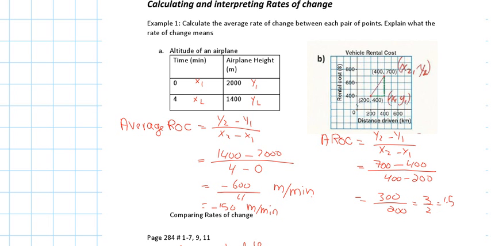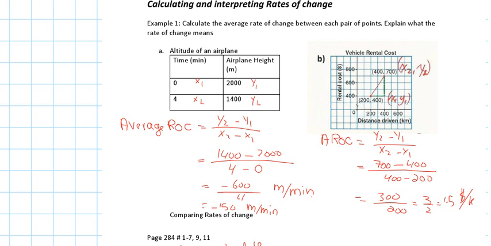So what does that mean? That's 1.5 what? My y's is in what unit? Dollars per kilometer. So you're going to pay $1.5 per kilometer. Okay?